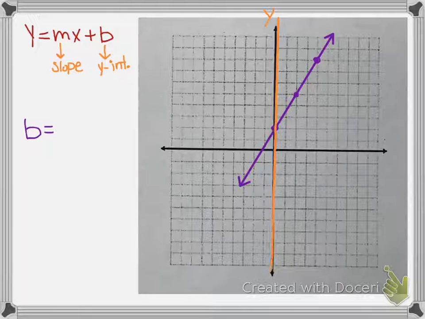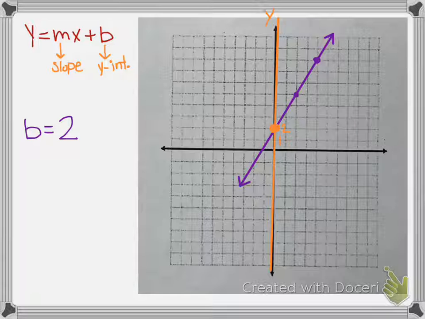Okay, so here's our y-axis right here. And we want to see where the purple line is crossing that y-axis. And to me, it looks like it's crossing right about here. So if we count up on our graph, starting at the origin, that's 1, 2. So our y-intercept is a positive 2.